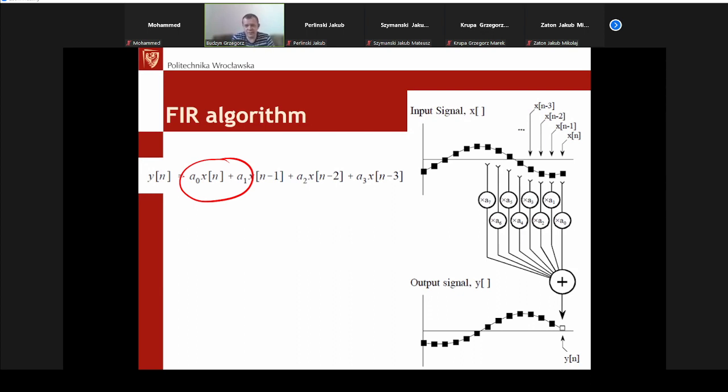In some microcontrollers, in some DSPs, we've got all three types, so support for integer math, fractional math, and floating point math. Sometimes we've got just integer math. Sometimes we've got integer and fractional available, but floating point math not available. So it really depends from DSP and DSC one to another.